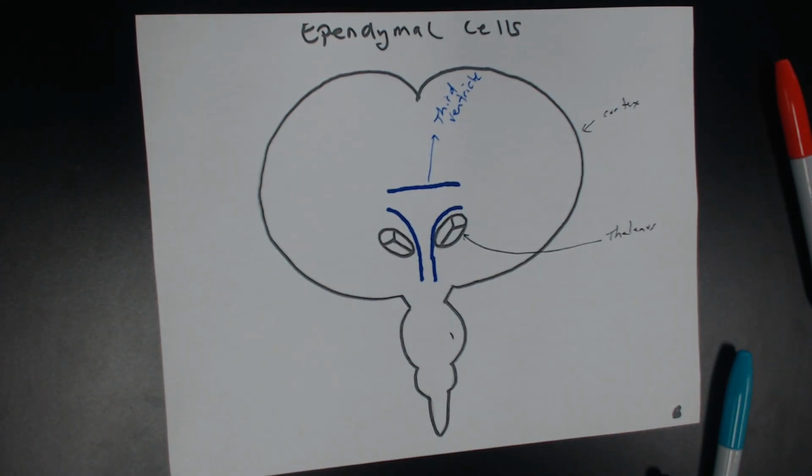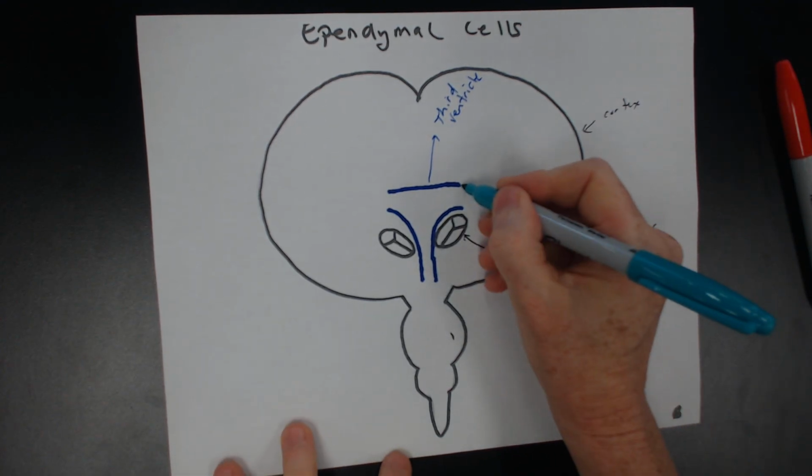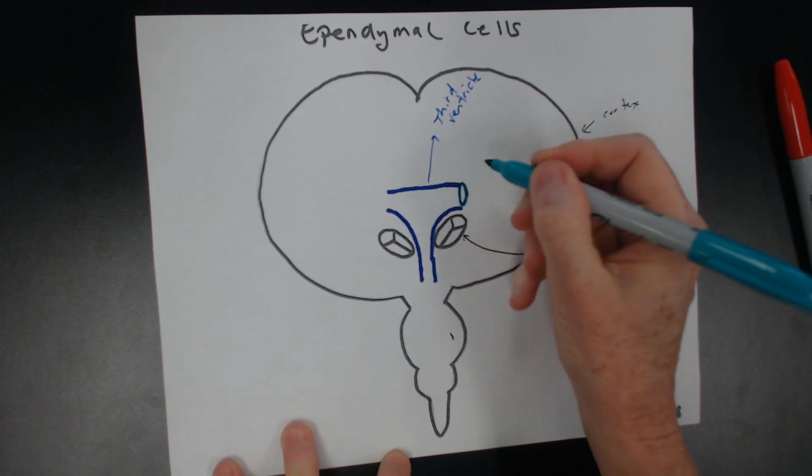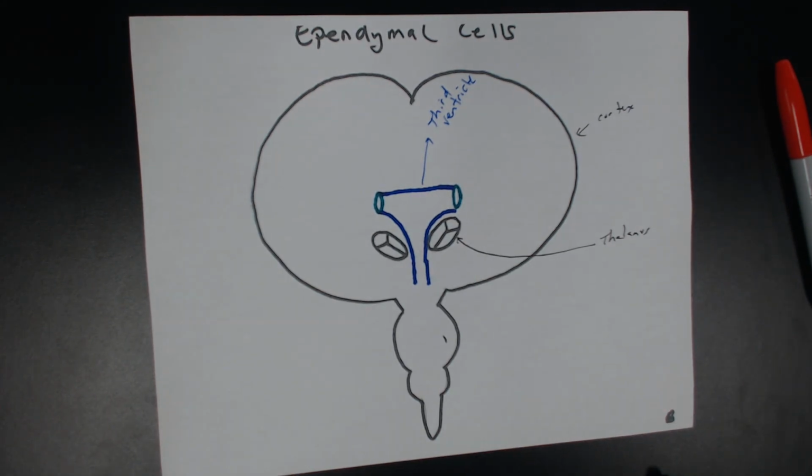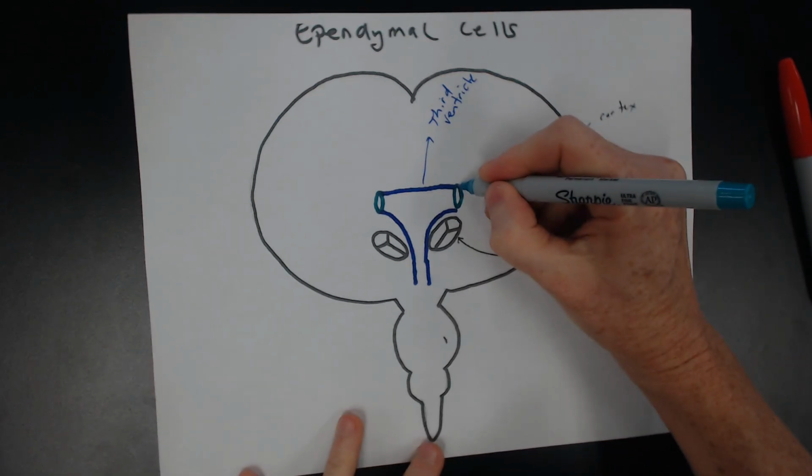Okay, coming off at the top sides of the third ventricle, I have a couple little openings that we labeled previously. Does anybody remember what these are? Foramen of Monroe. Good. Okay, this is going to be your foramen of Monroe.